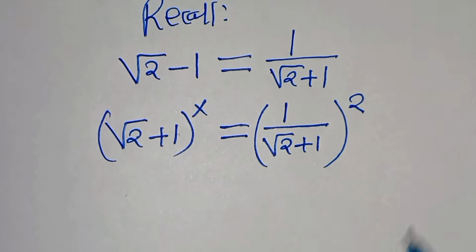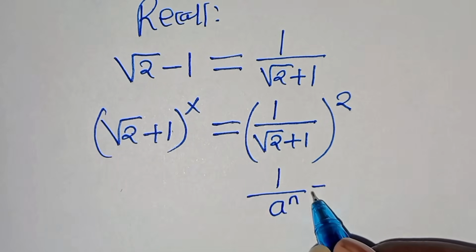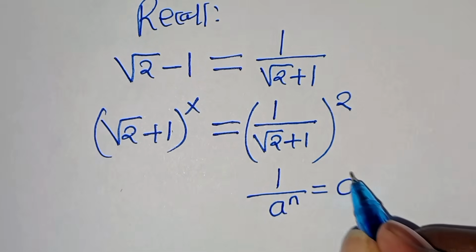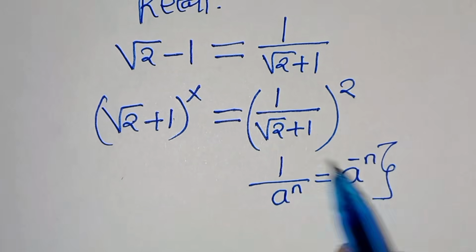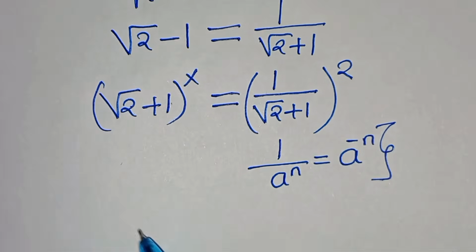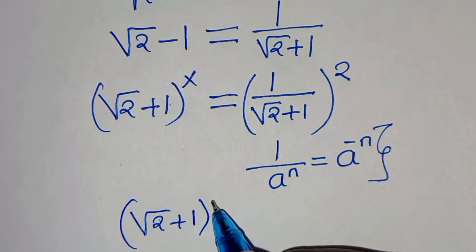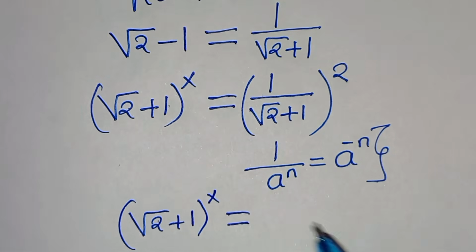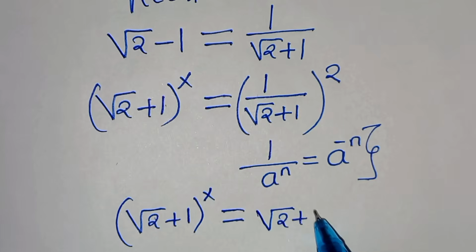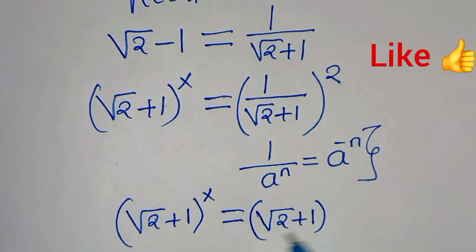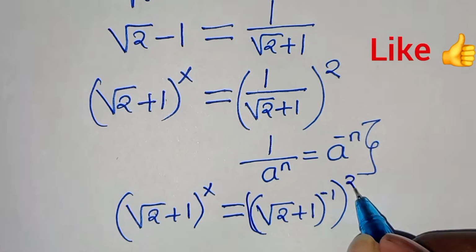Now, if we have 1 over a to the power of n, this can be expressed as a to the power of minus n. Applying this property, we can transform this. Square root of 2 plus 1 raised to the power of x is equal to square root of 2 plus 1 raised to the power of minus 1, then raised to the power of 2.